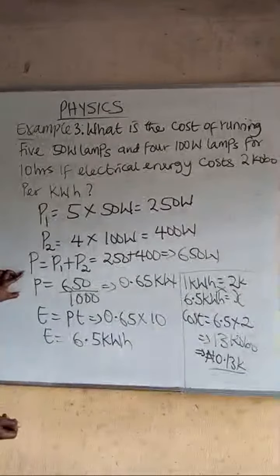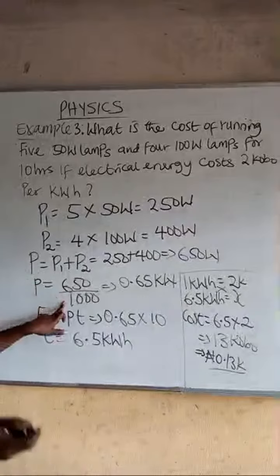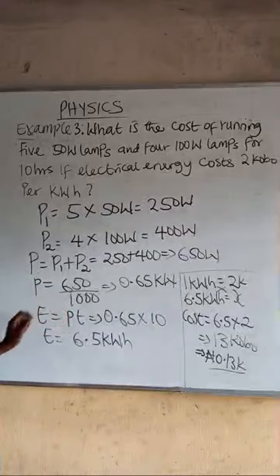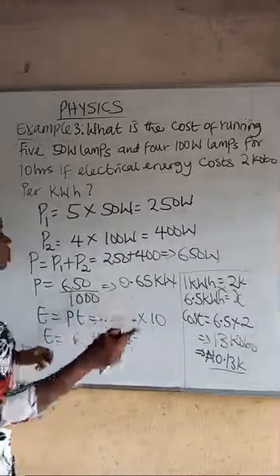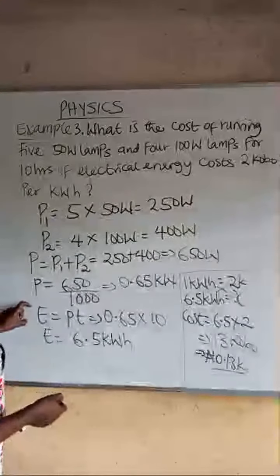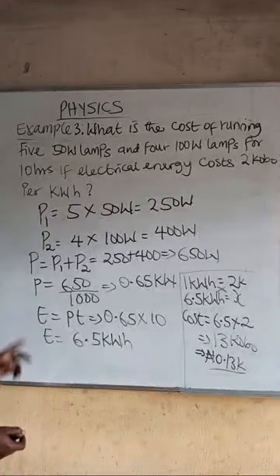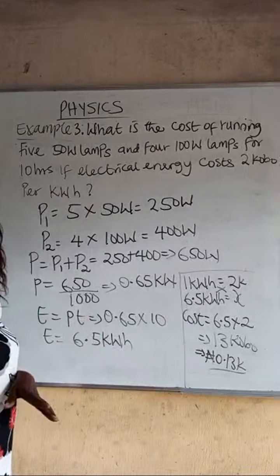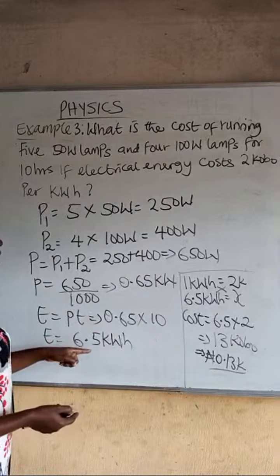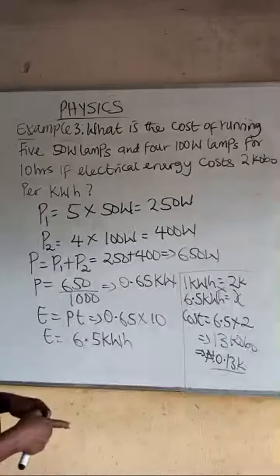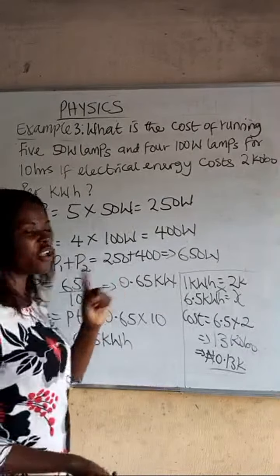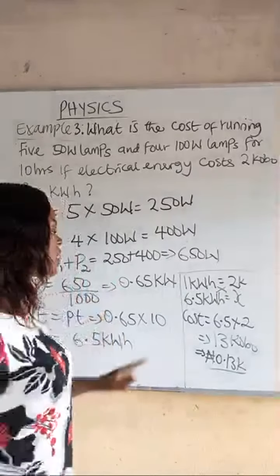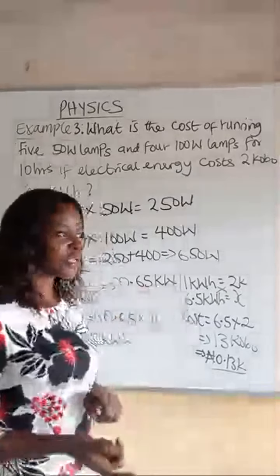So I will divide it by 1000 just to convert it to kilowatts. So I will have 0.65 kilowatts. Energy is equal to power times time. That is 0.65 times 10. So what do we have? We have 6.5 kilowatt hours. But from the question, 1 unit, which is 1 kilowatt hour, is sold as 2 kobo.